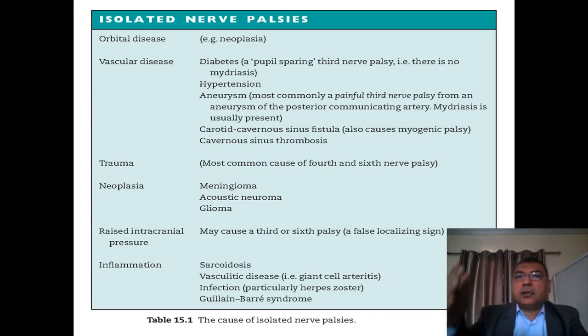And usually there is a long list of diseases that will produce isolated nerve palsies.